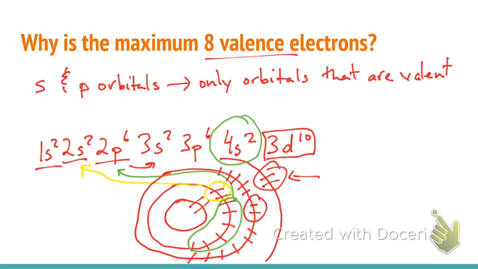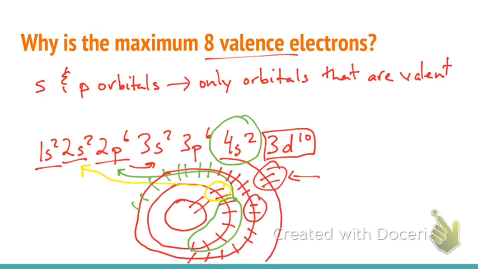They play no role because there's already a new energy level that's opened up. So no matter how many electrons I add to my third energy level, it's not going to affect the fourth energy level, my valence electrons, because there's already a higher energy level acting as my valence energy level.